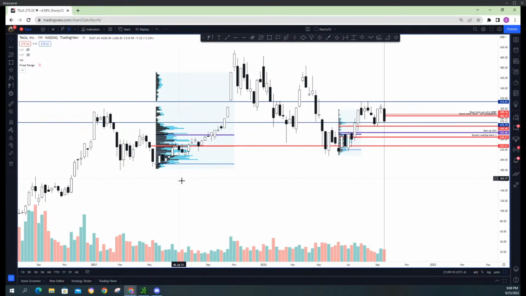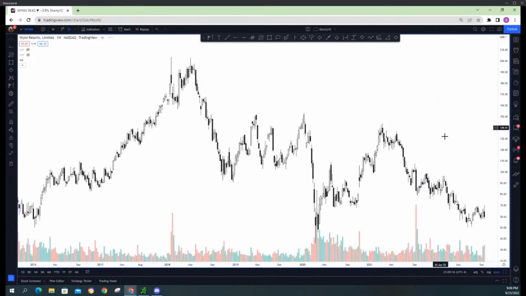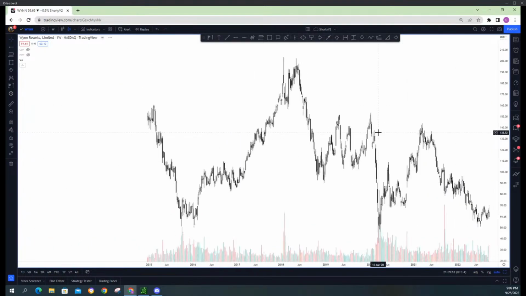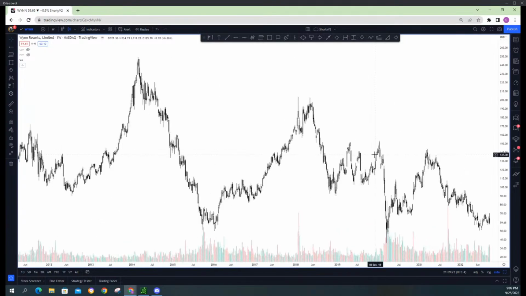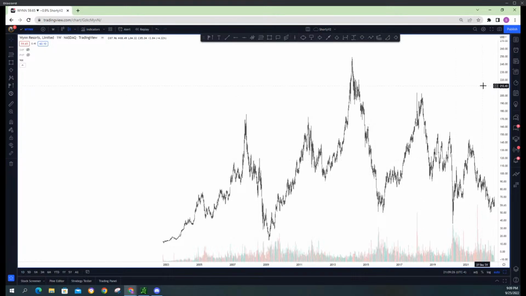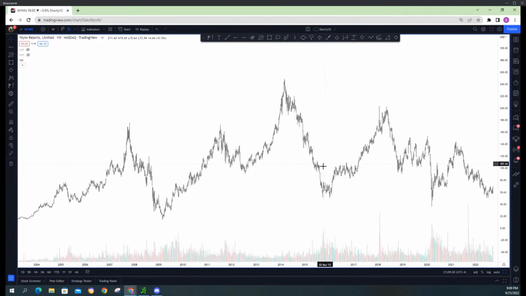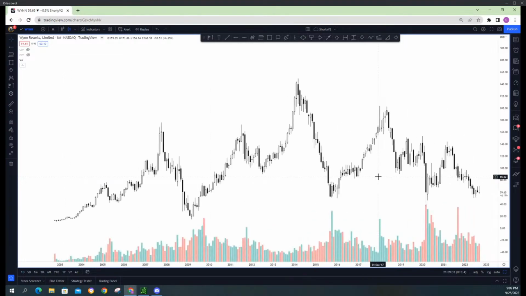Can you chart Wynn Resorts, WYNN? Yeah, this one is man, this is nasty. And what are you thinking here, Karthik? Yeah, so Shorty, I drew a trend line from the all-time high to the low.